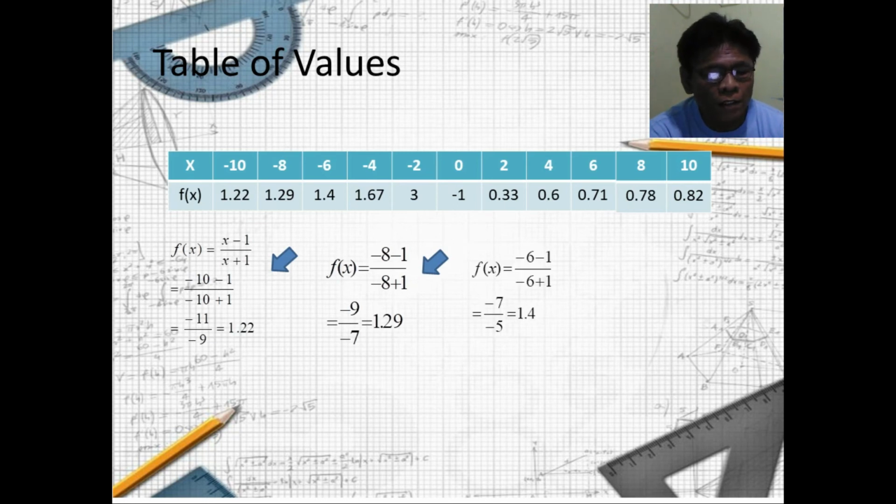If x equals negative 6, substitute: negative 6 minus 1 over negative 6 plus 1, and that is negative 7 over negative 5, which equals 1.4. You solve the remaining values of f of x as your practice.